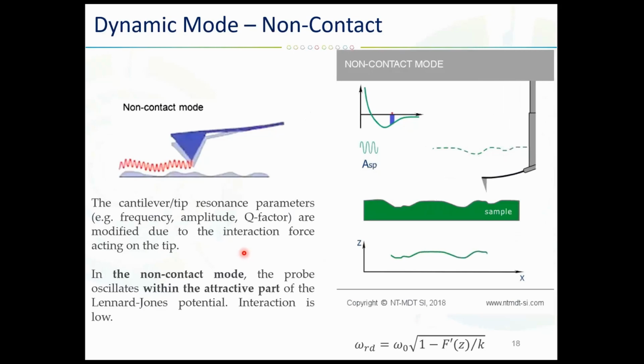So this change of the amplitude will be used as an input of the non-contact AFM feedback. To obtain the image, we usually set the amplitude as a constant value, and we set it in such a way that the cantilever is far from the sample.